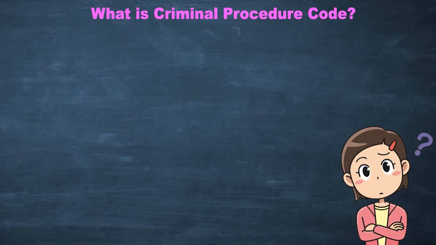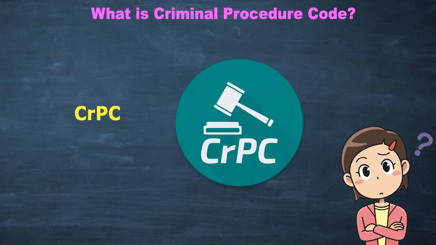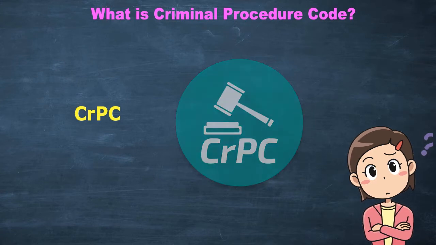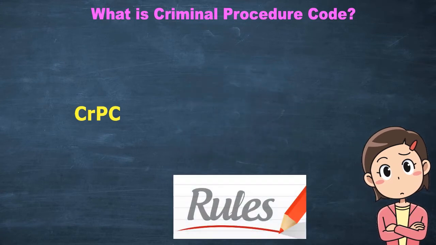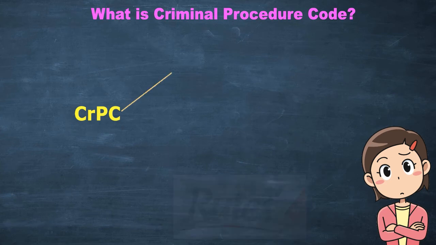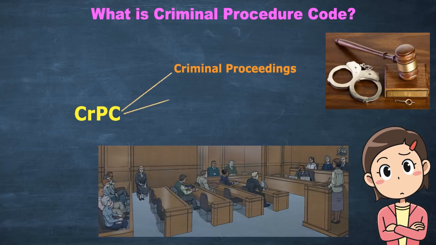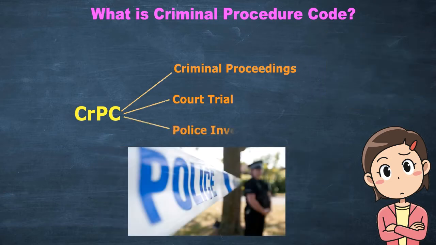So what does it mean? The Criminal Procedure Code, or simply CRPC, is the body of rules that defines the criminal proceedings, court trial and police investigations, procedures and methods. Its object is to provide a mechanism for the investigation and trial of offenders.